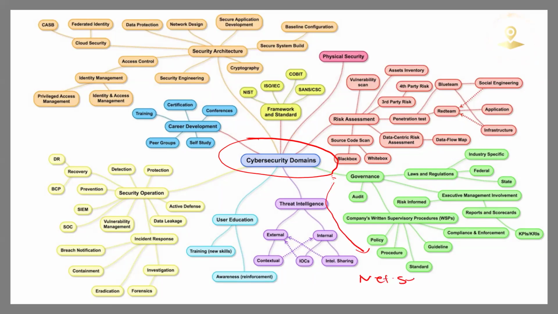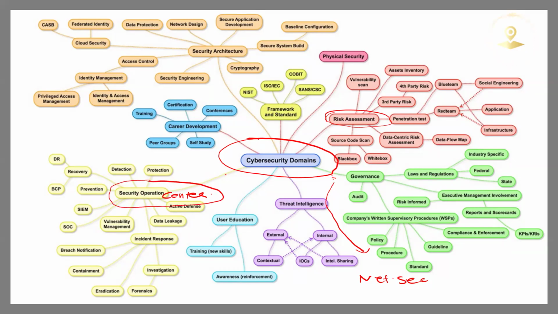NetSec. Okay. So we have SOC, which we call the Security Operations Center. This is active cybersecurity, whereas risk assessment is passive security. In risk assessment, we assess the risk passively, not actively. But the Security Operations Center does the risk assessment actively.